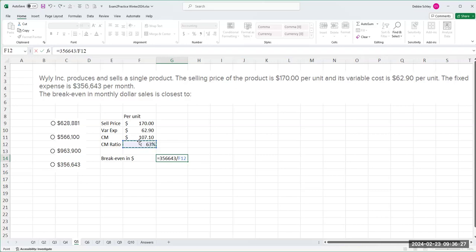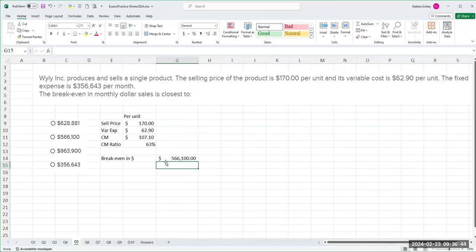Because my contribution margin has to be high enough to cover those fixed expenses, and to get it in dollar sales, I divide the fixed expenses by the contribution margin ratio. And that gets me 566,100.